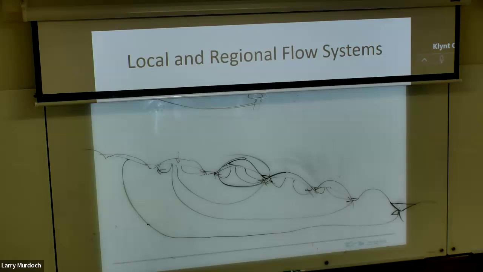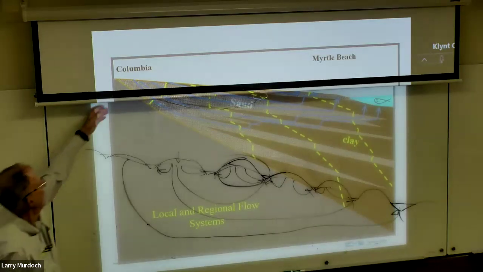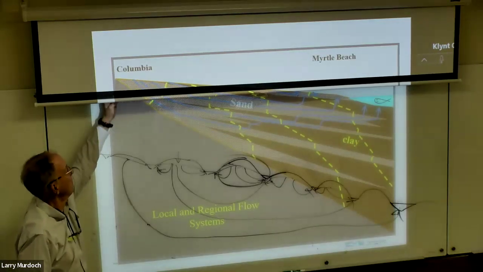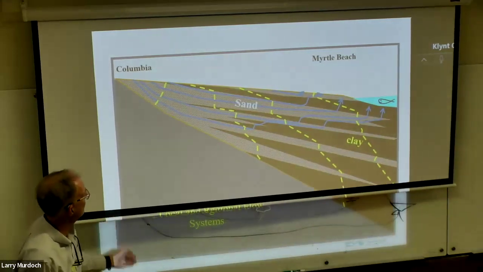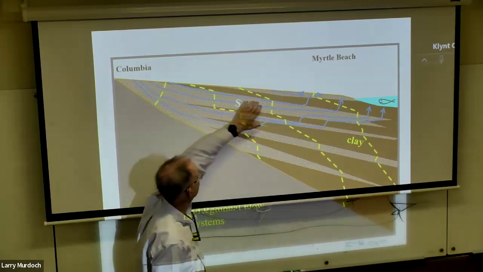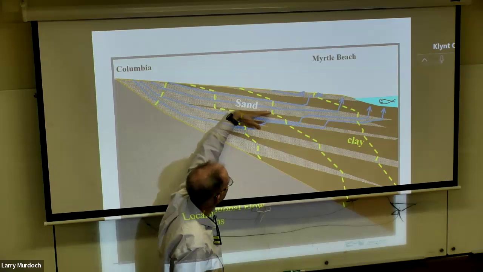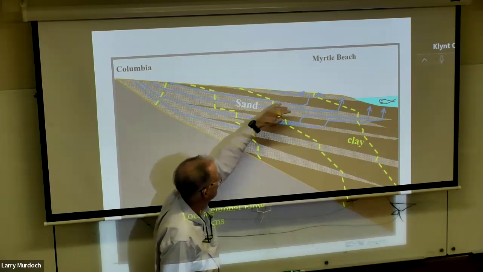So in the coastal plain, this is what we have in that superficial aquifer, there are local flow systems, but the layering contributes to the development of regional flow systems because we're having recharge here, then this unit here is inhibiting the flow from coming up and discharging to the stream.